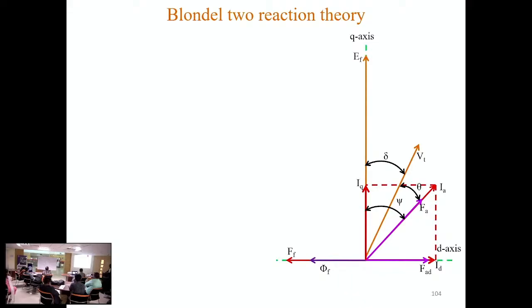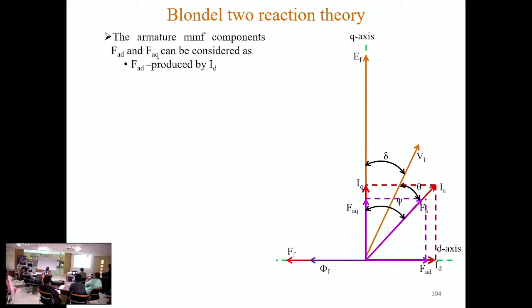One is FAD along the D axis, another FAQ along the Q axis. FAD is due to ID and FAQ is due to IQ.